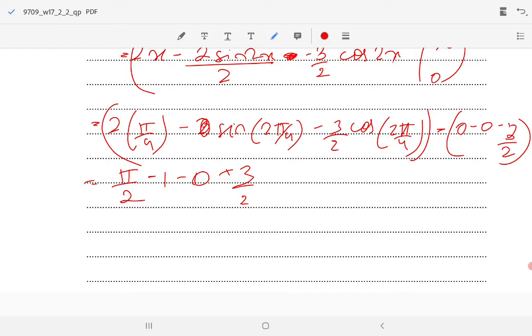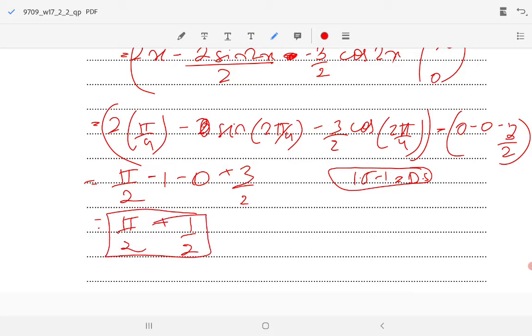We just have to find the exact value, which is going to be pi upon 2, and 1.5 minus 1 is 1, plus 1 by 2. Alright guys, moving on to the next question.